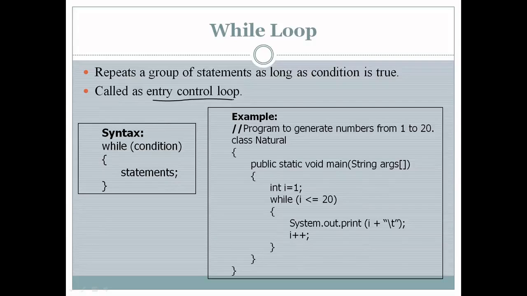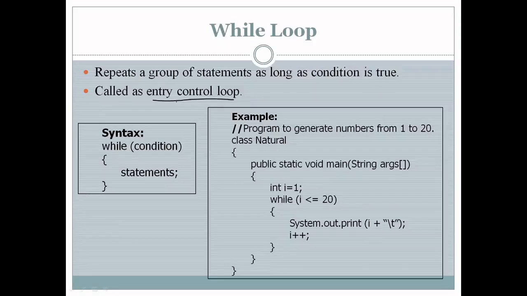Loops have been categorized as entry controlled and exit controlled loops. An entry controlled loop is a loop where the condition is checked first, and then if the condition is true, the statements are executed. So while loop is an entry controlled loop.